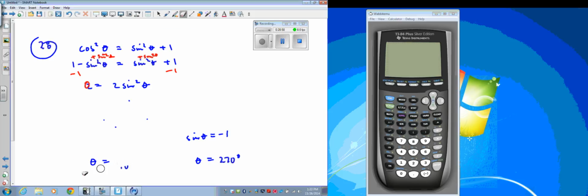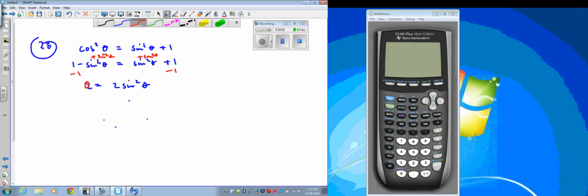But then it's going to be 0. So then it's sine squared equals 0. Then you divide by 2. So now then, theta would have to equal what? 0, right? And 180.